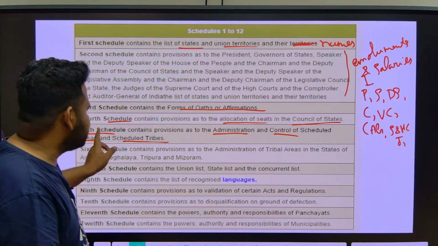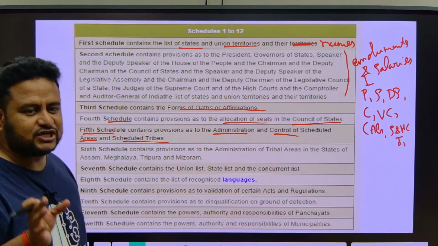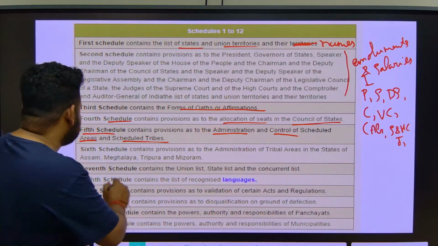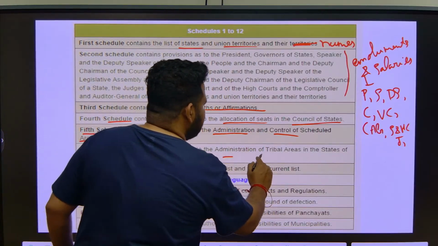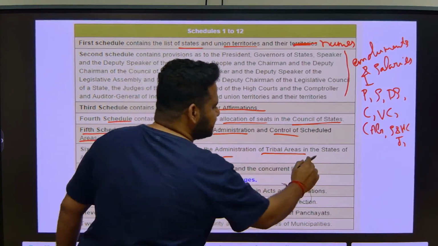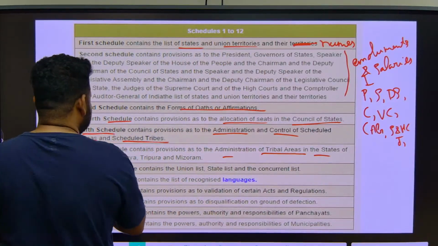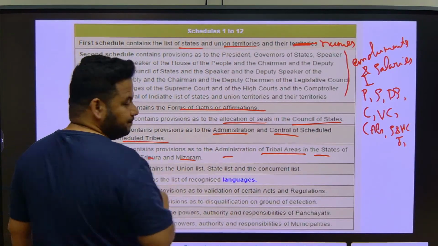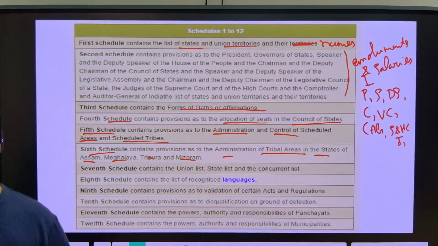And sixth schedule is talking about administration of tribal areas in the states of Assam, Meghalaya, Tripura, Mizoram. It is not Manipur, it is Mizoram.